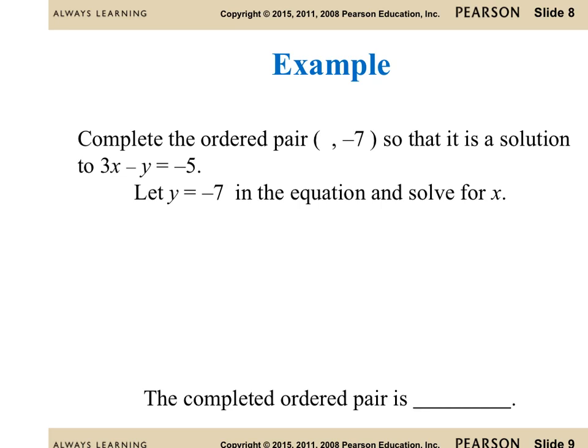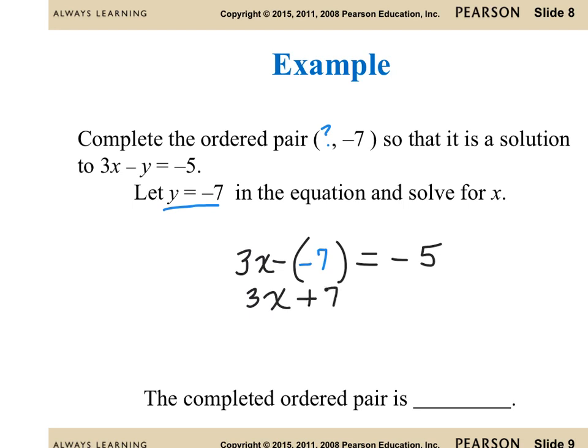Here we're going to do the same thing again, only this time we're looking for the x coordinate, and we have that y is equal to -7. So if y is equal to -7, we have 3x minus -7 is equal to -5. And that means that 3x plus 7, because when you subtract a negative, that's addition, equals -5.